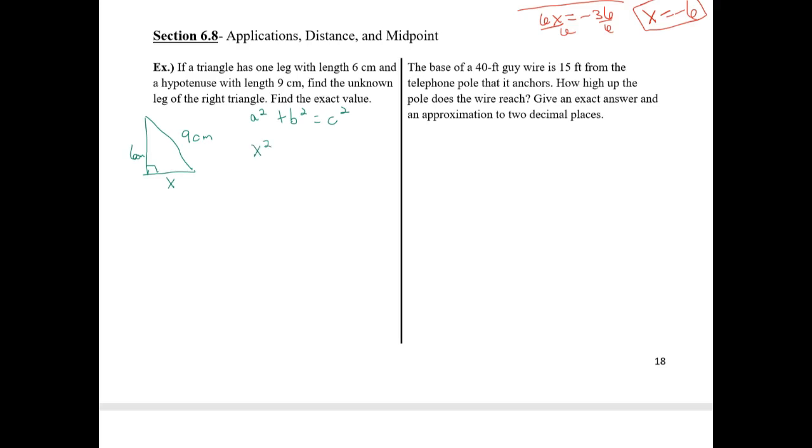So x squared plus 6 squared equals 9 squared, right? 6 and x are the legs, 9 is the hypotenuse, so 9 has to be c. The order of a and b don't matter because it's addition and it's commutative. What does matter is c itself needs to be the hypotenuse, and in this case 9.